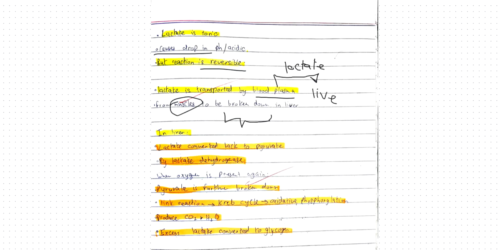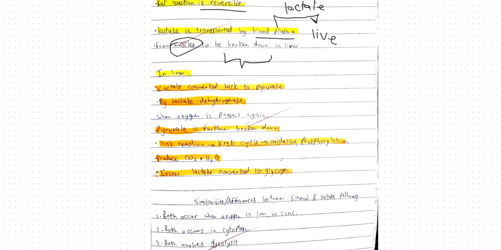What happens in the liver? Lactate is converted back to pyruvate by lactate dehydrogenase. And when the body gains oxygen, pyruvate is further broken down in the link reaction, and then oxidative phosphorylation happens.